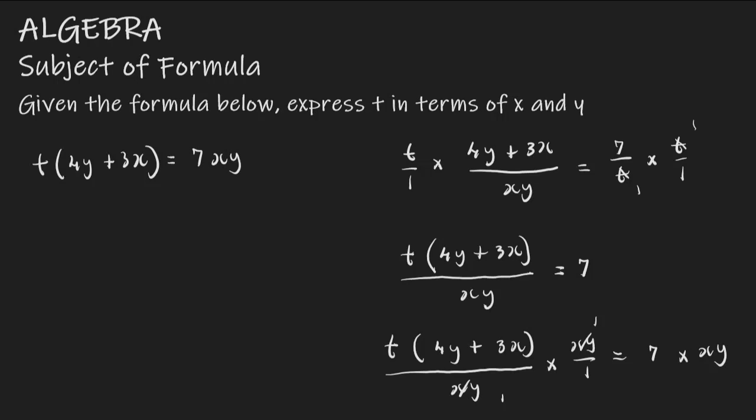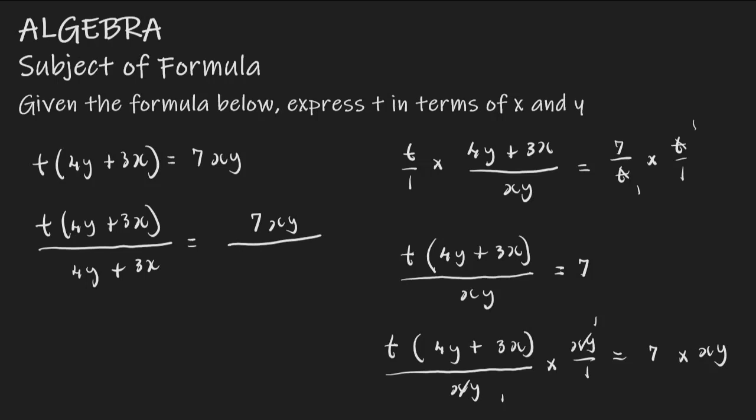I want t to be the subject of my formula. And right now, t is being multiplied by (4y plus 3x). I need to remove 4y plus 3x. So I need to use the opposite operation to multiplication, which is division. So t times (4y plus 3x) divided by (4y plus 3x) is equal to 7xy divided by (4y plus 3x).